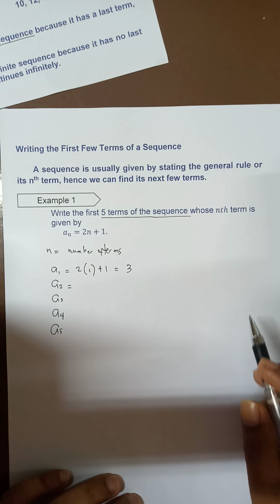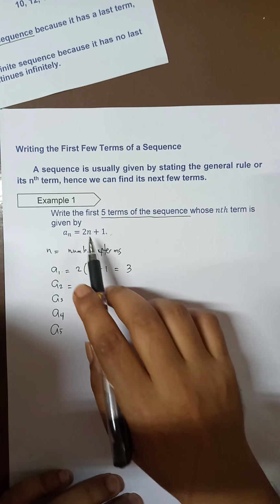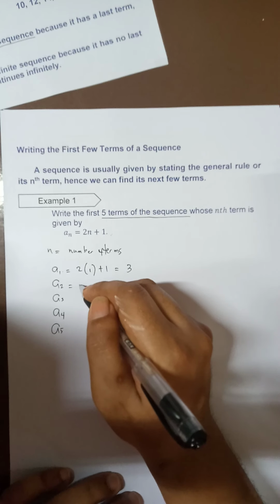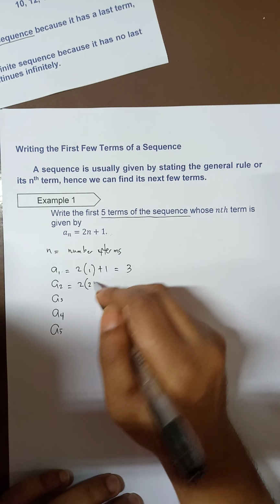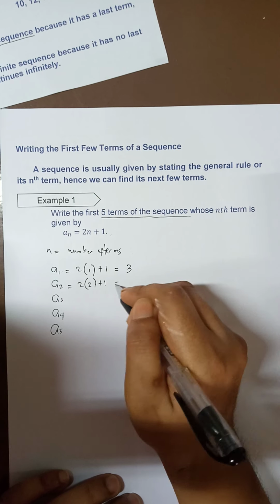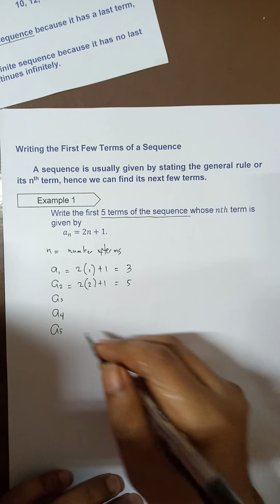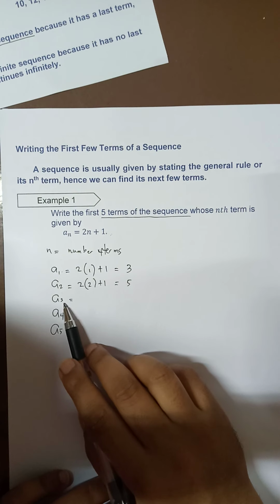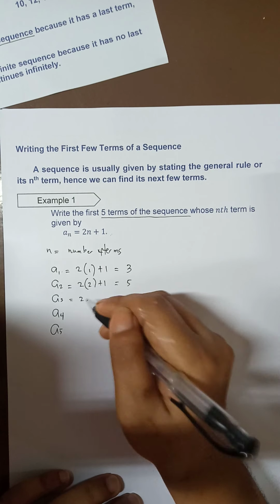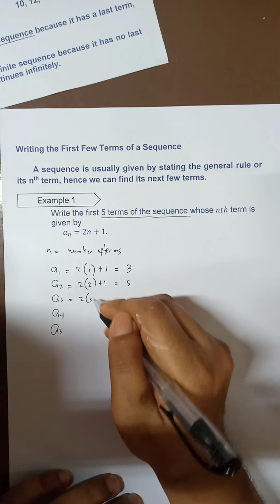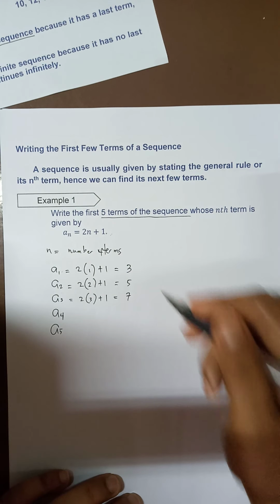The second term, using the given formula, we substitute n with 2. So we have 2 times 2, which is the second term, plus 1, equal to 5. The same process in finding the third term, or a sub 3: substitute n with 3, plus 1, is equal to 7.